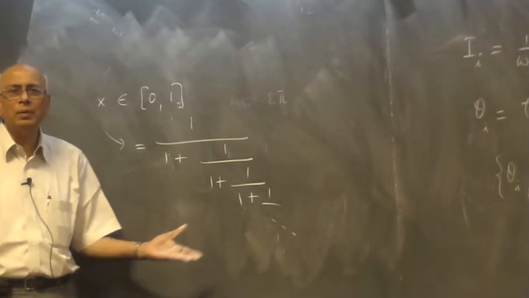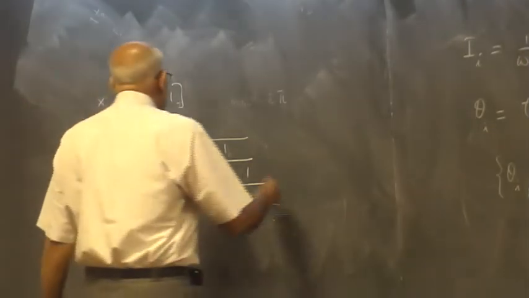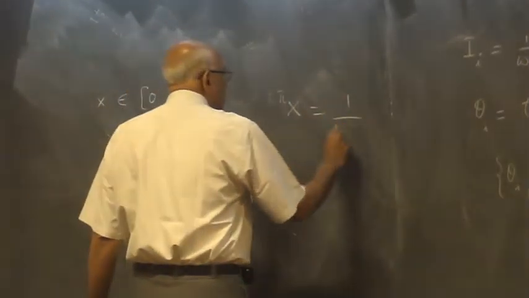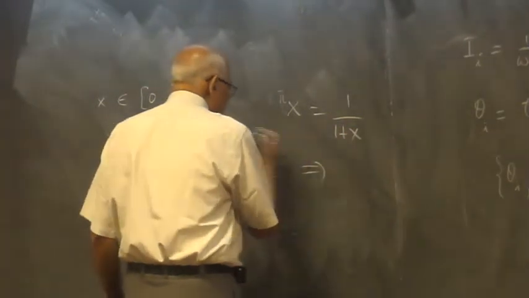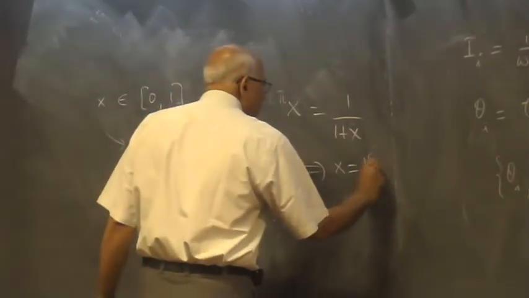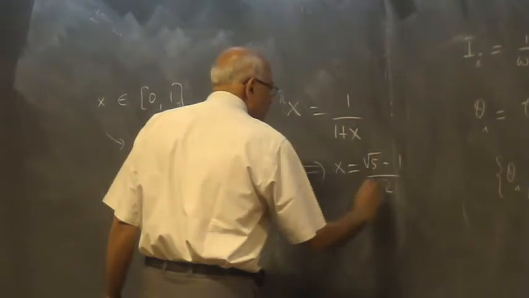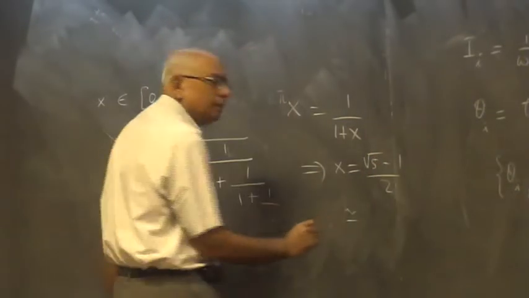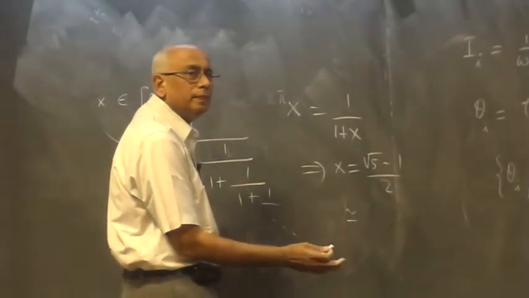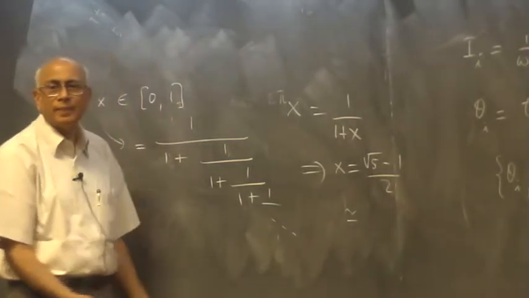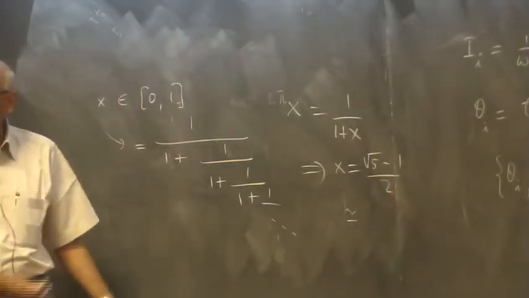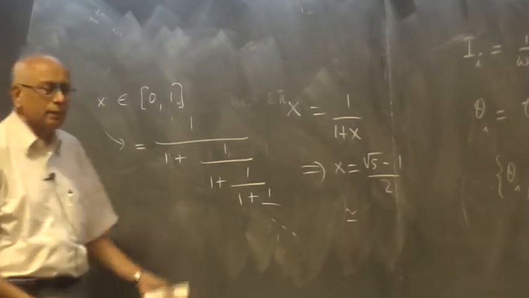What's this number equal to? This number satisfies x equal to 1 over 1 plus x, which will imply, taking the positive root at least, x equal to (root 5 minus 1)/2, a number between 0 and 1.